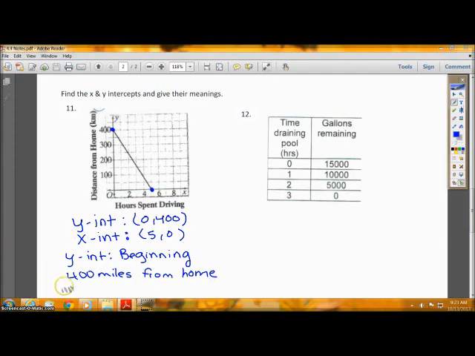And the x-intercept would be interpreted, or given meaning, as it takes 5 hours to drive home.